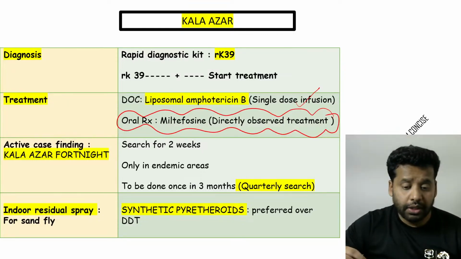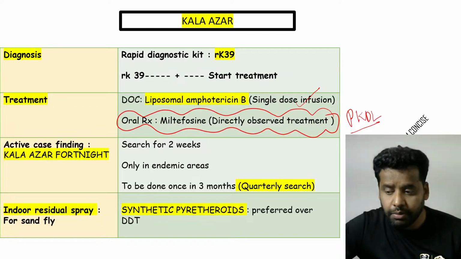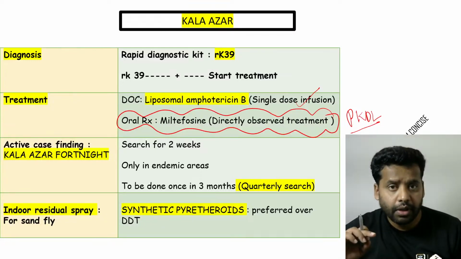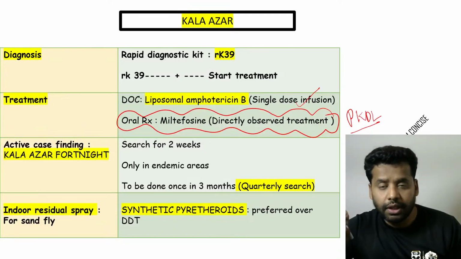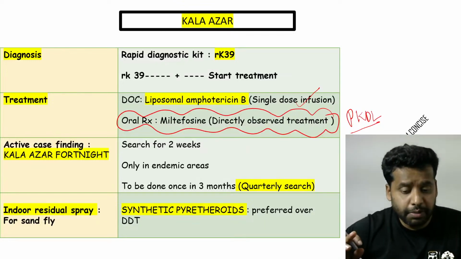But miltefosine is the drug of choice for PKDL. What is PKDL? Post Kala Azar dermal leishmaniasis. Miltefosine is the drug of choice for PKDL, but not for visceral leishmaniasis. For visceral leishmaniasis, the drug of choice is always liposomal amphotericin B. The replacement drug is miltefosine.